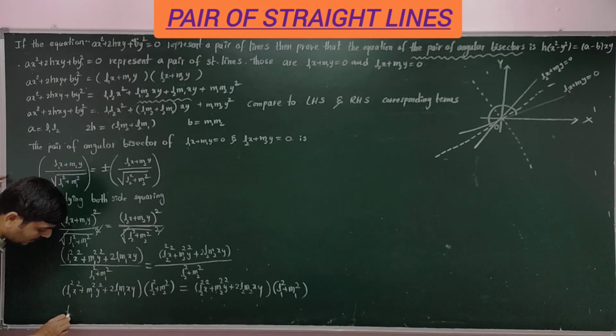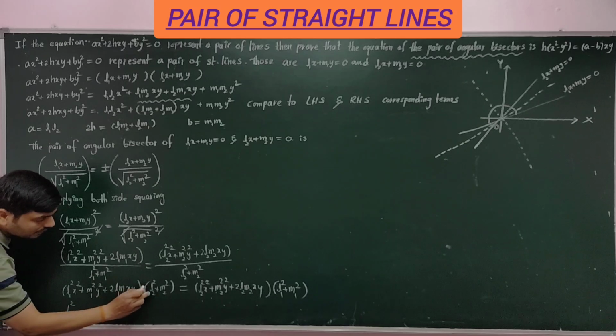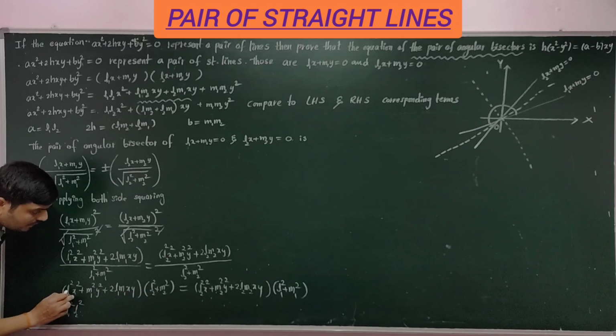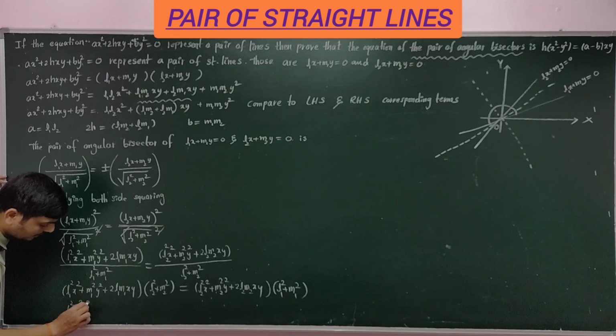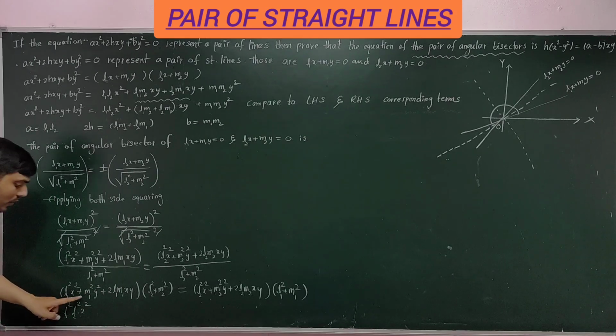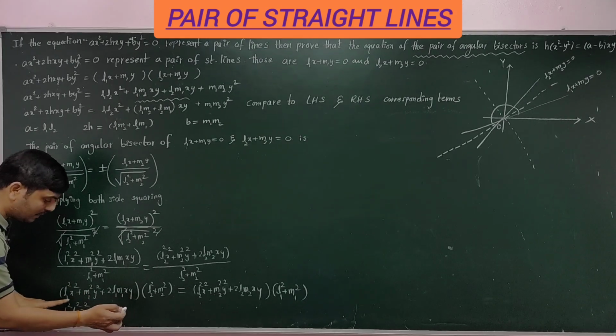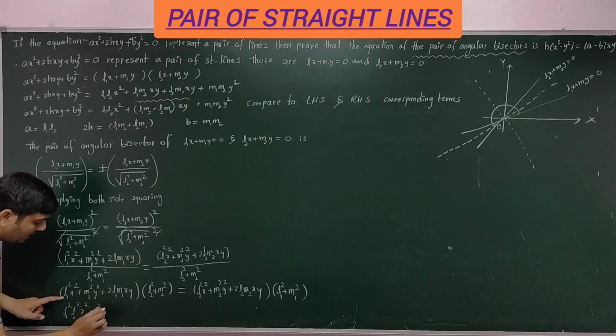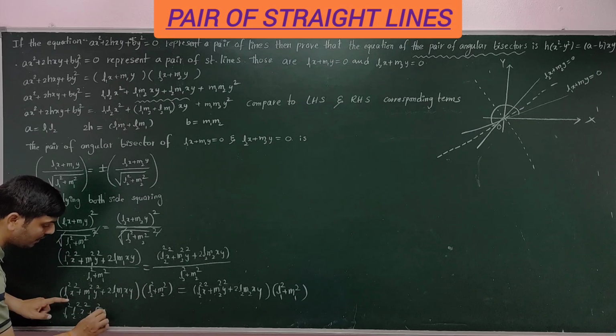This is L1 square, this is L2 square. The variable is x square. Now this term is multiplied with m2 square also. You write in order L1 square, m2 square, x square.